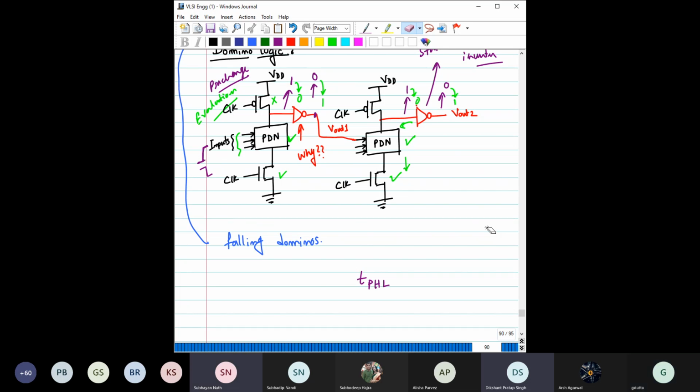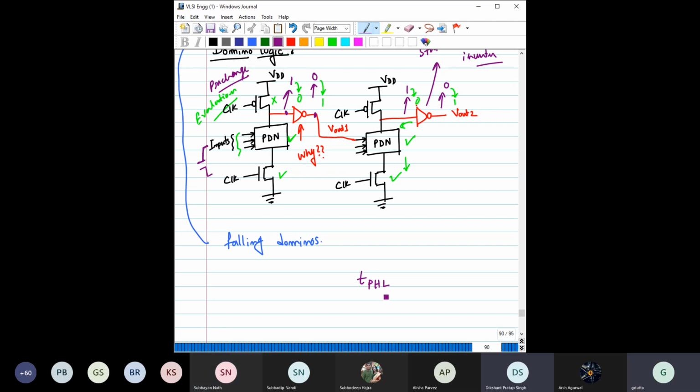Can you repeat the question once more? Yes. So can you comment on what would be this TPHL for this type of domino logic, or what do you at least expect the value of TPHL to be?